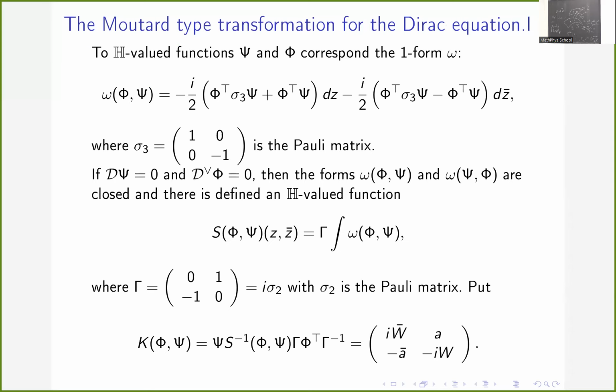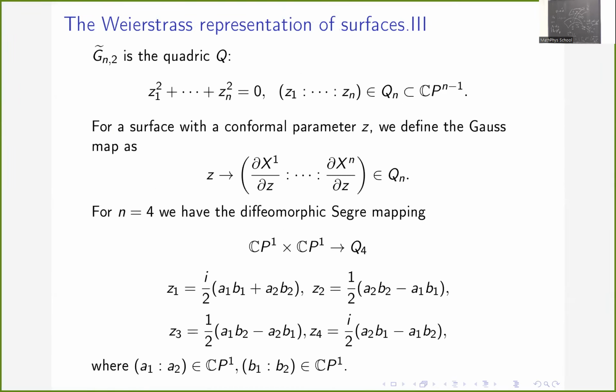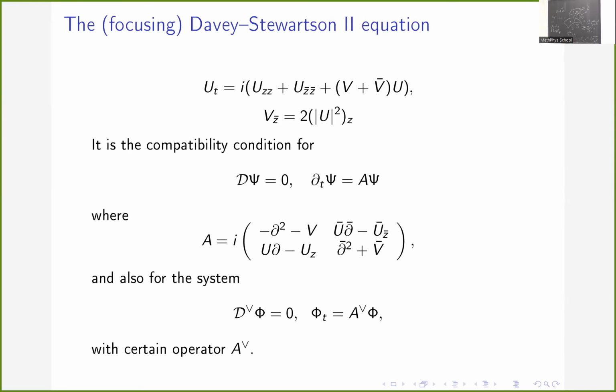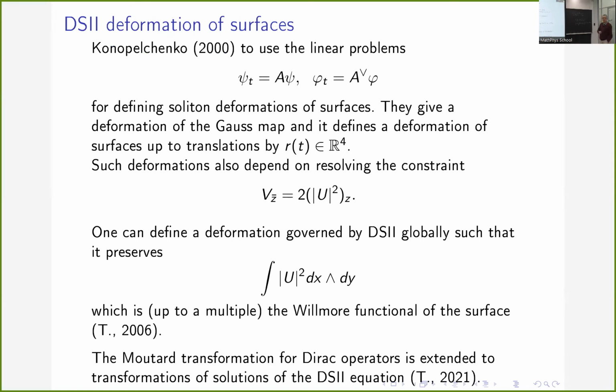You have to take this phi psi, substitute the derivatives in t, take this linear problem, this one. So u satisfies Davey-Stewartson equation, take one long term, and then it has to be a derivative in z of some function gamma, some matrix-valued function. So this is actually quite a long computation, but they're straightforward. I'm skipping them because probably it's not very interesting to write down on these slides.